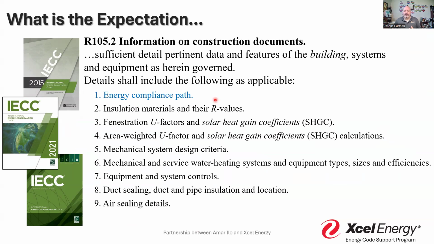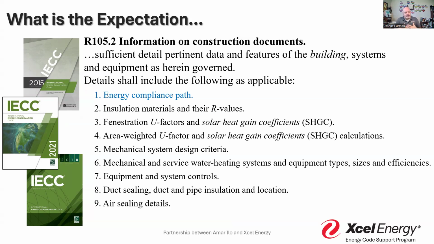And so the only thing we see that really changes between the 2015, 18, and 21 codes is the introduction of this idea that you need to, beginning in the 21 version, identify the compliance path, because that again is going to be one of those conversational pieces that says, well, how do I verify, what are those expectations?